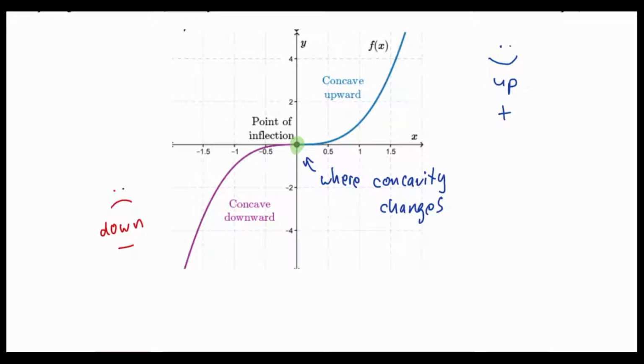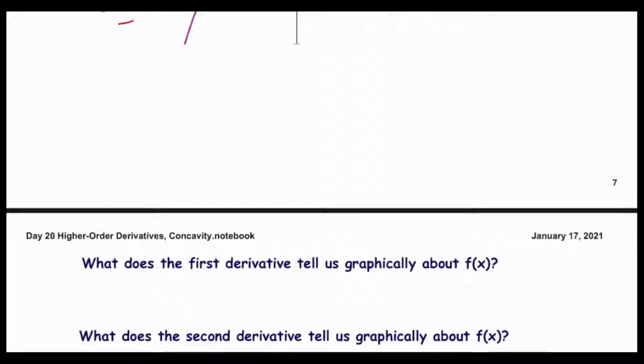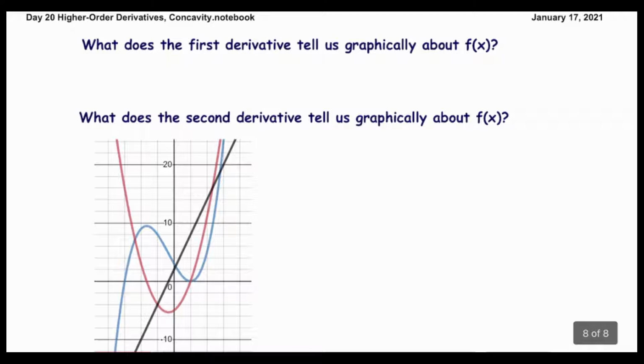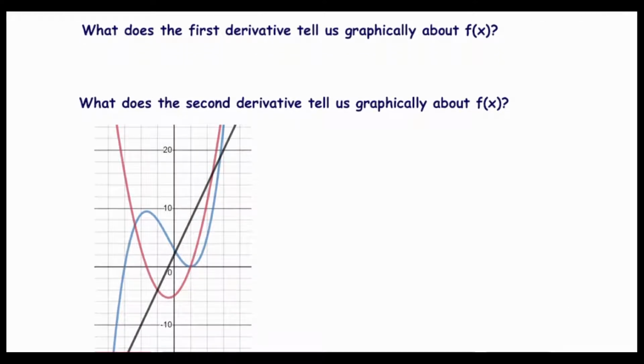All right, so far so good. So we have our two new terms, concavity and inflection point, and we've seen visually and in terms of definition what those mean. Let's see what we can do with them. So going back to our first principles, so to speak, not our literal first principles with limits, but just thinking conceptually about what derivatives are.